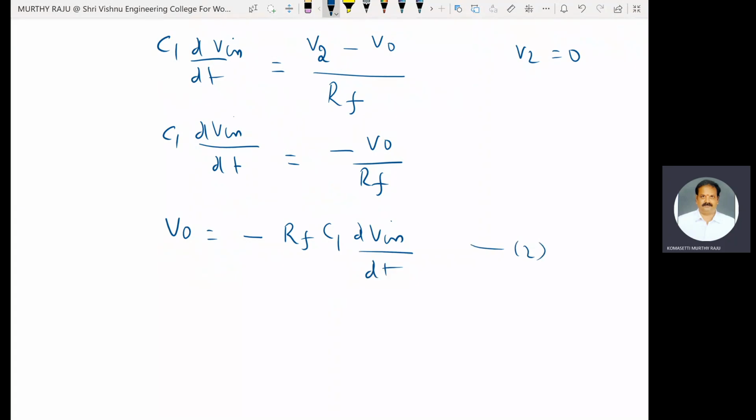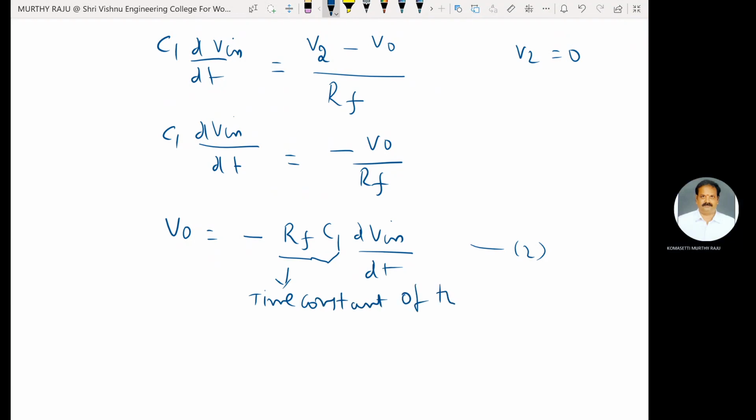This equation shows that the output is RF C1 times the differentiation of the input, and the product C1 RF is called the time constant of the differentiator.